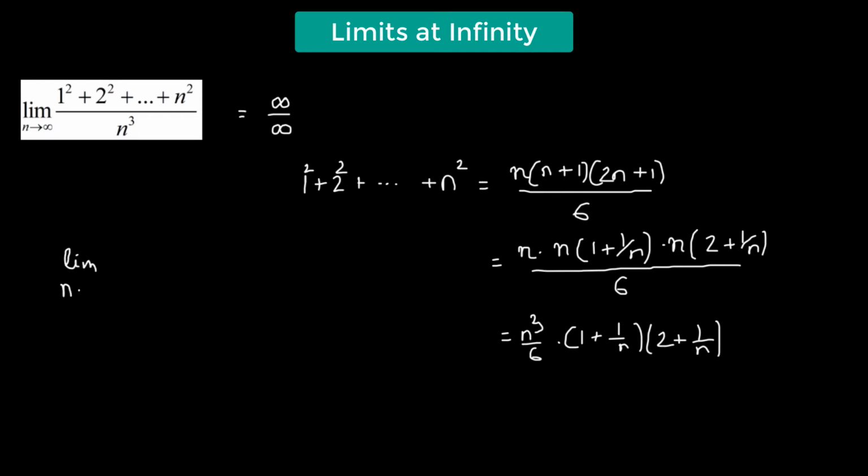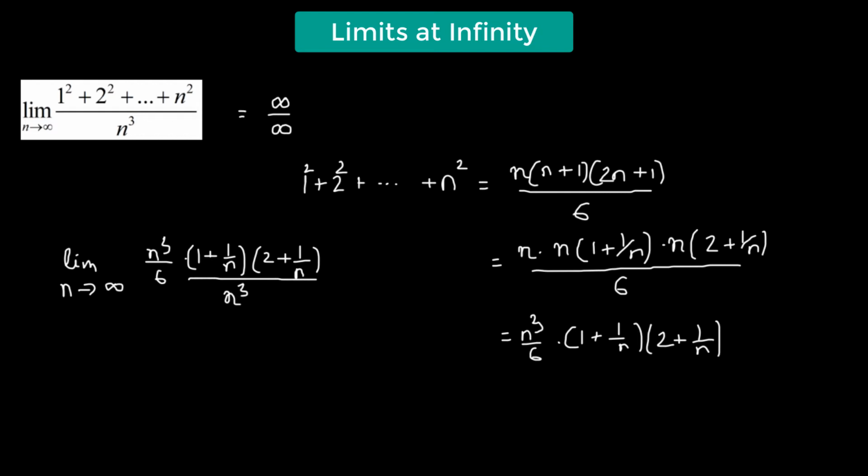Now we substitute this value back into our function. So we have the limit as n tends to infinity of n cubed over 6 times (1 plus 1 over n) times (2 plus 1 over n), and we also have an n cubed in the denominator.